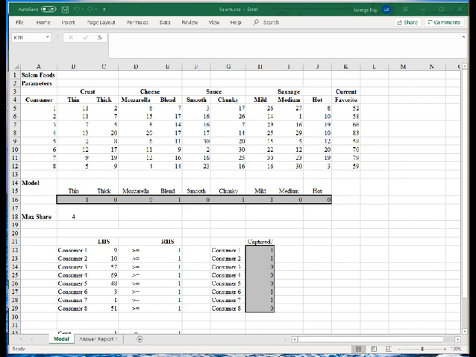So the decision variables are 1 if Salem chooses level I for attribute J and a 0 otherwise. And we can see this reflected in our model here.